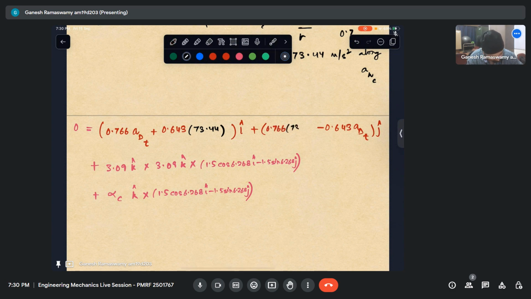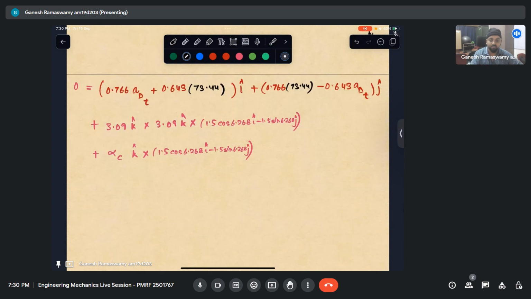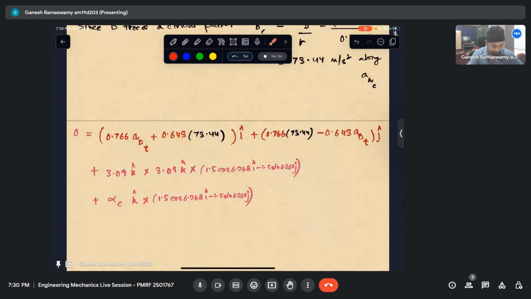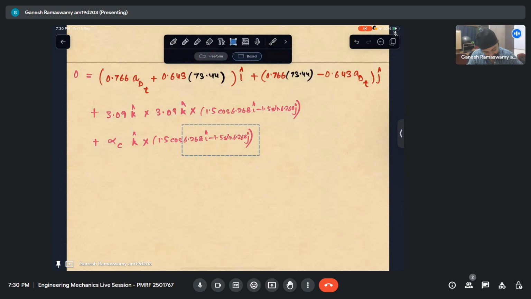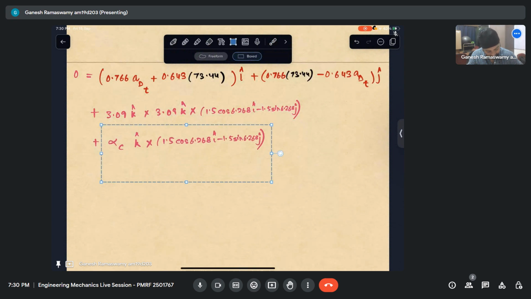Now it is just a matter of solving this and finding out what ADT and alpha CD are. So there are two equations, there are two unknowns. So this I leave it as an exercise. And when I upload this sheet, I'll solve this completely and I'll upload so that you have something to refer back to.